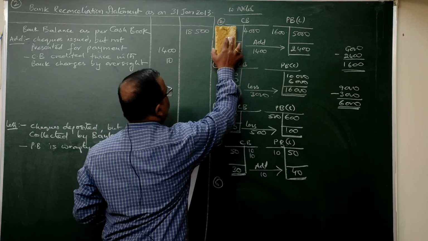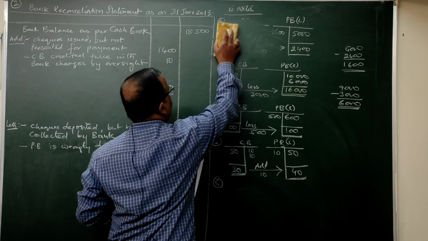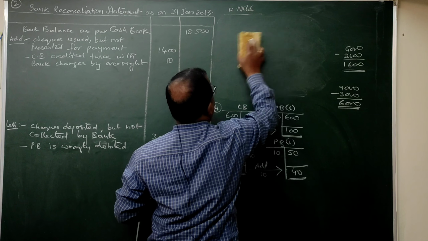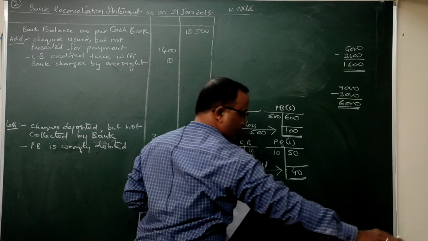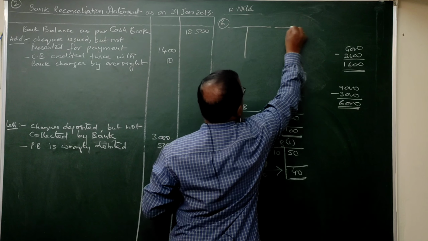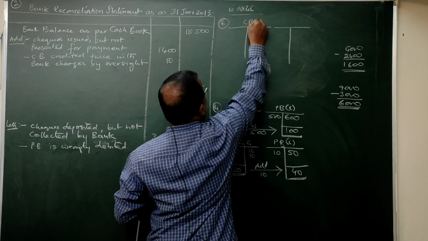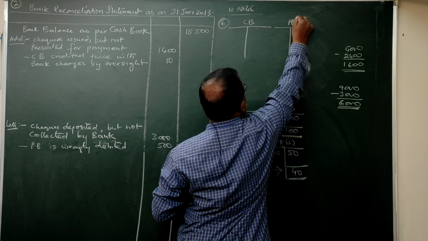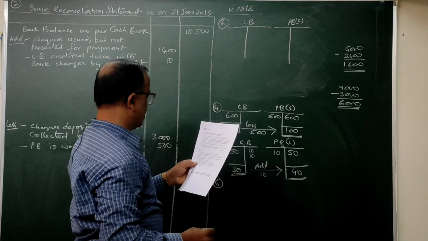Sixth one I am doing here. So in the cash book and passbook, this is kept constant in this problem. Observe for the sixth one.